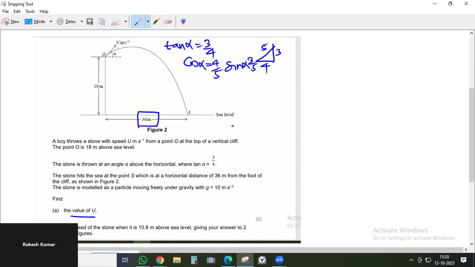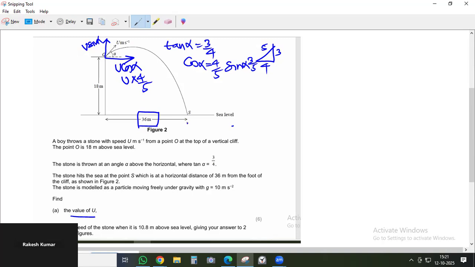Now u will have two components. One this side, which is u cos alpha, and one this side, u sin alpha. Now, u cos alpha, I know cos alpha is 4 by 5. And I also know that it hit at 36.